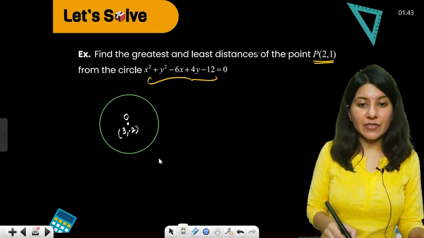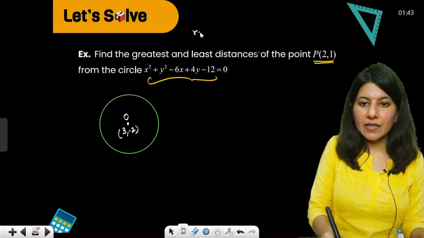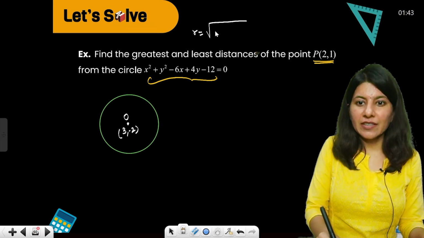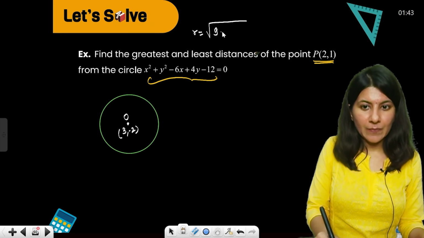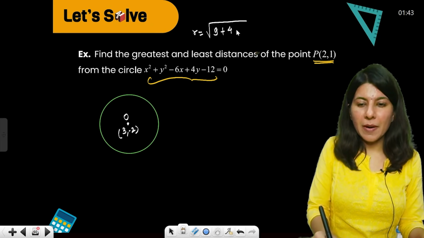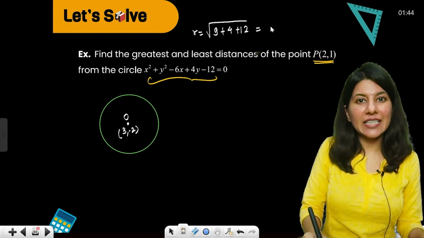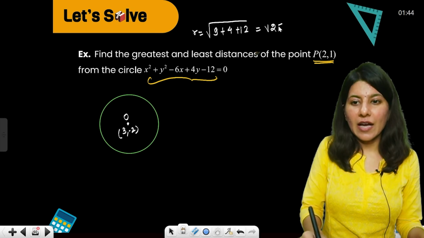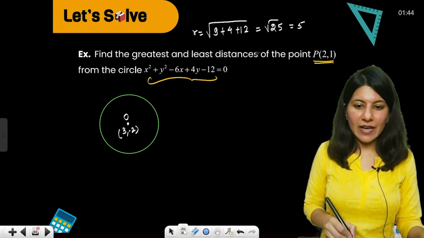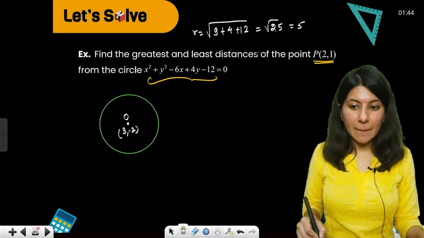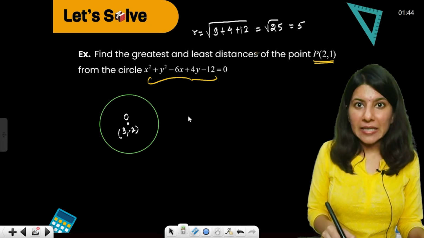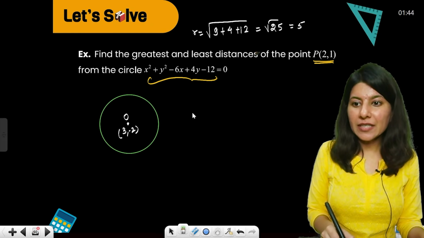And the radius of this circle will be, tell me, the square root of 3 squared, 9, plus (-2) squared, 4, minus (-12), so plus 12. So 12 plus 4 is 16, plus 9 is 25, root 25 is plus 5, okay? So the radius is 5. Now understand that P is the point (2, 1).